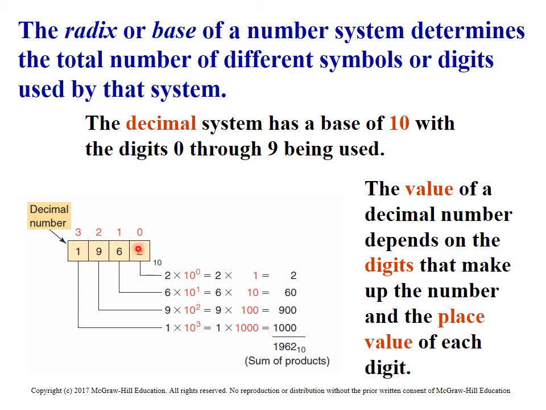So here, as you can see, if you place a value of 0, 1, 2, and 3 in each one of these digit locations, and you multiply the value in each one of those locations by 10 to the 0, and so on, you come up with a value of 1962, giving a weight to each one of those digits.